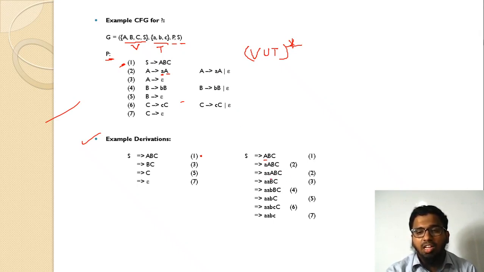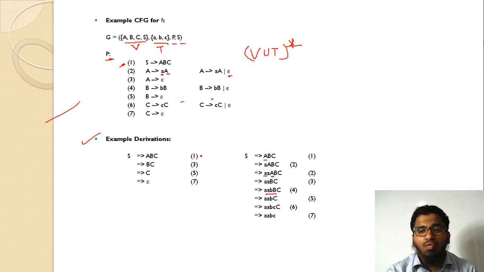Now in the next step I am applying the epsilon. When I apply epsilon, this will be removed. This small a will be as it is, and BC. So what is B? B is small b and capital B, terminal and non-terminal, like this.